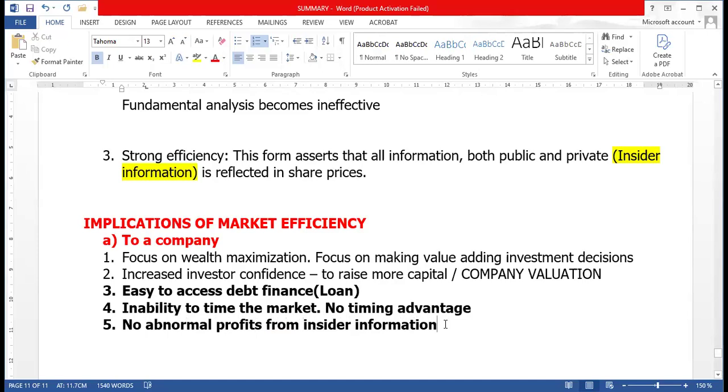So we discussed that under strong efficiency, both public information and private information are reflected in the share prices. So you as a company, there is no way you're going to benefit because of that insider information. But technically, this third one normally doesn't work.